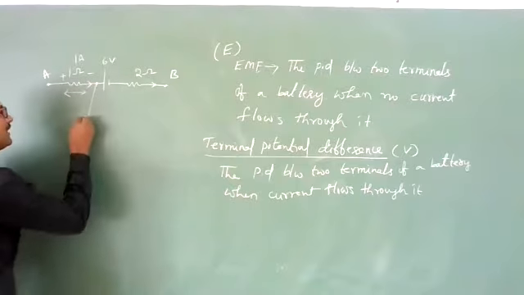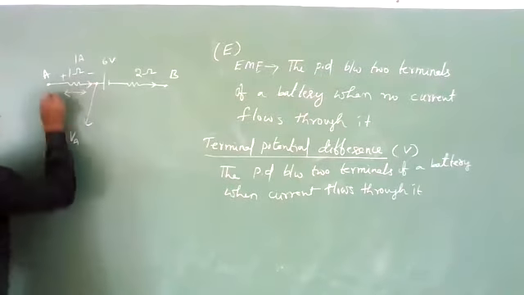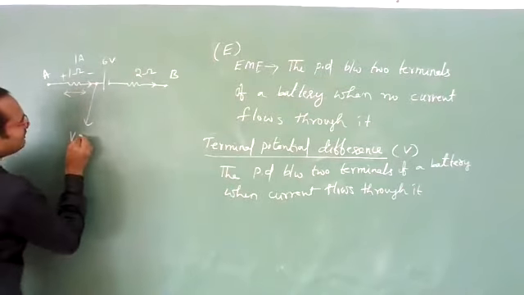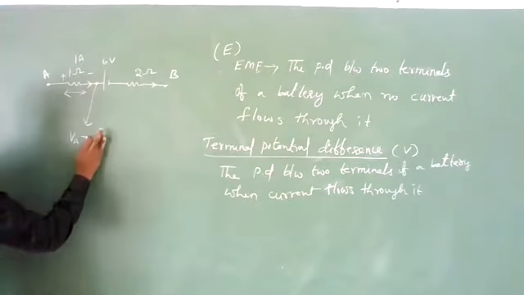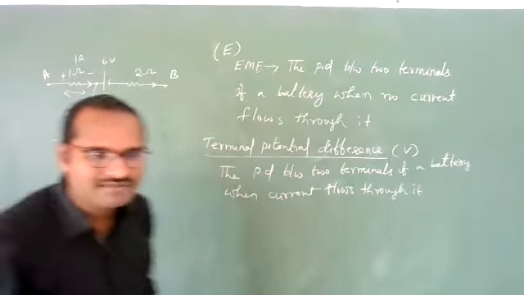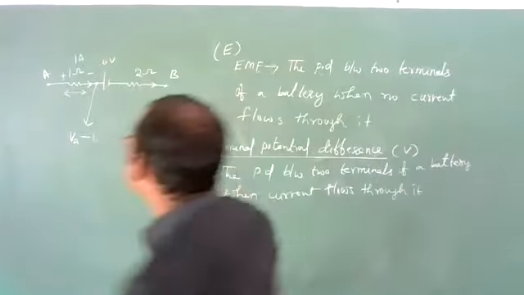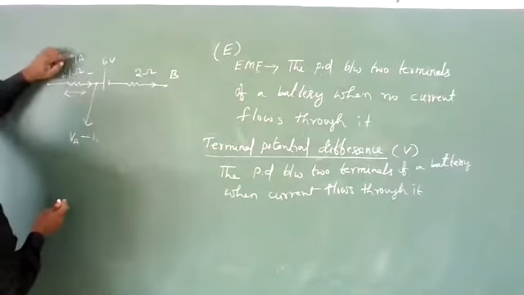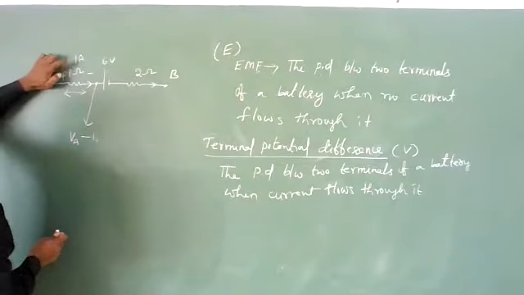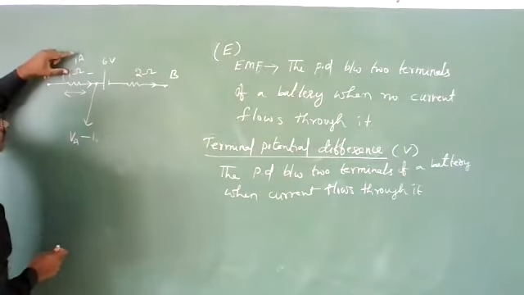This point will become VA minus 1 volt, because these two terminals' potential difference should be equal to IR, V equals IR, 1 into 1 ohm, 1 volt.